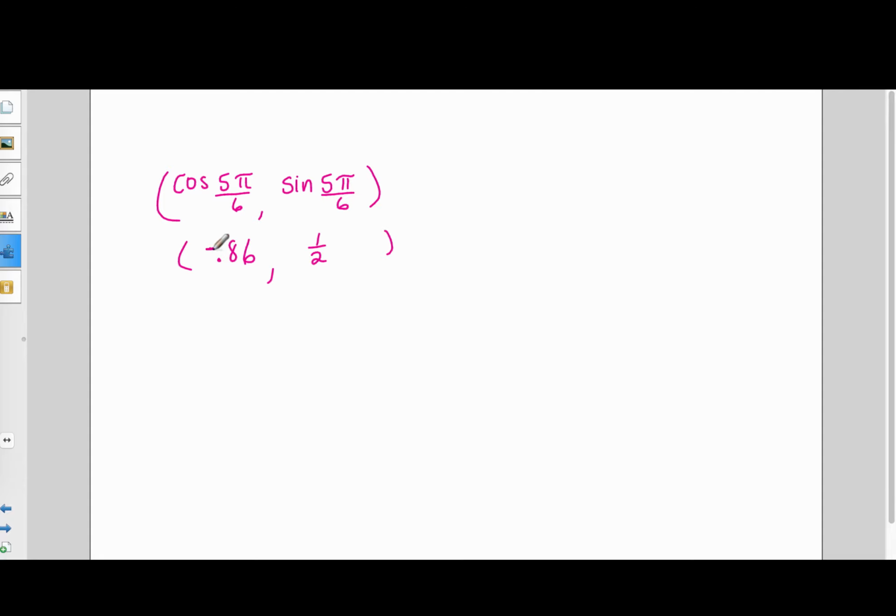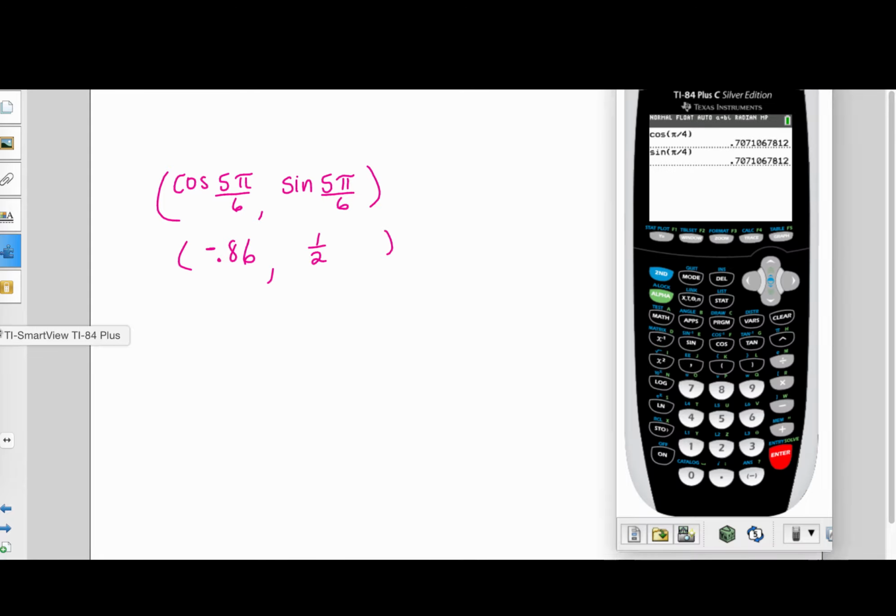And remember, this was in the negative direction, so it's negative 0.86. And again, we can come over here, we take the cosine of 5 pi divided by 6. Boom, negative 0.866 roughly. And I can take the sine, boom, and it's 1/2.